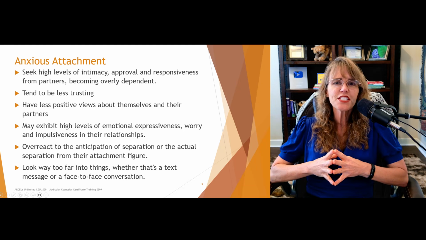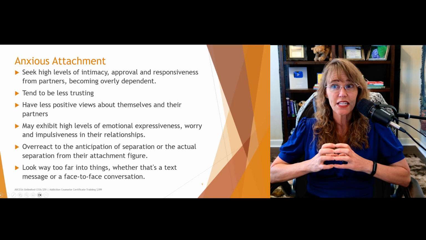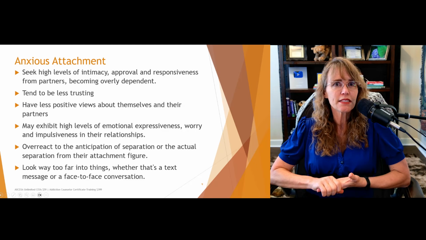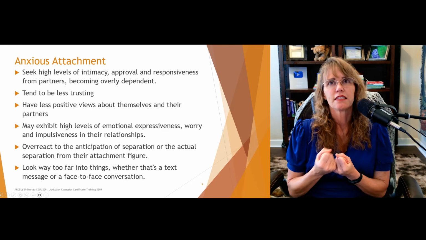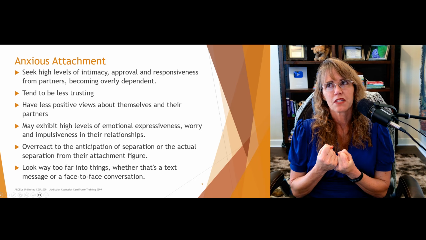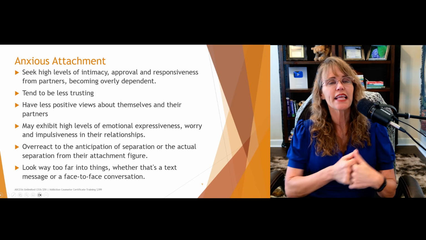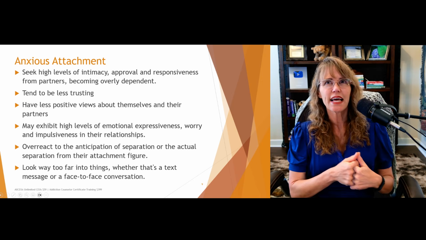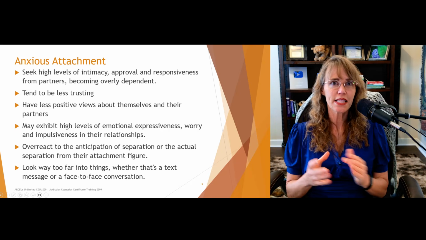In anxious attachment, people seek high levels of intimacy, approval, and responsiveness from partners and may become overly dependent on their partners. They're seeking that secure attachment that they wanted to have in childhood, that secure attachment that doesn't need words, that the person is always there.